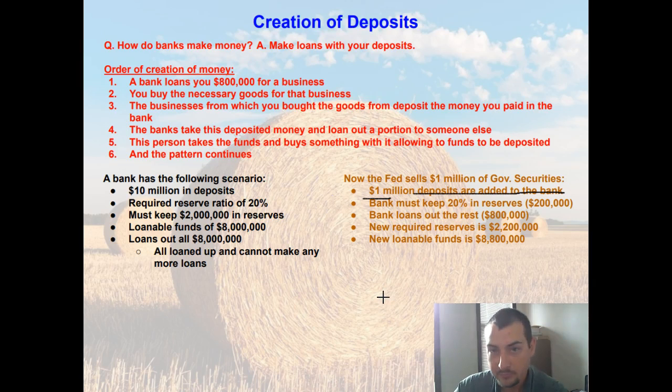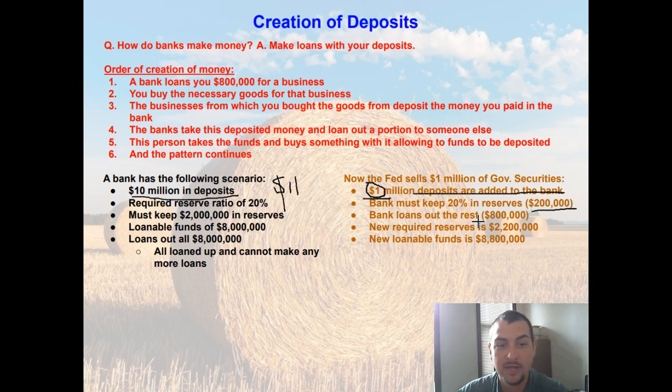So now, instead of that bank having just $10 million in deposits, they now have $11 million in deposits. They add that extra $1 million. The bank still must keep 20% in reserves, so they keep 20% of that $1 million, which is $200,000 additionally in reserves.